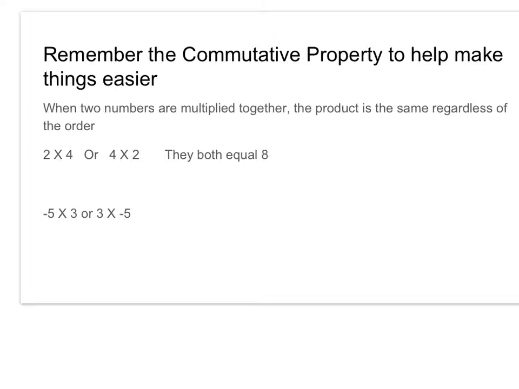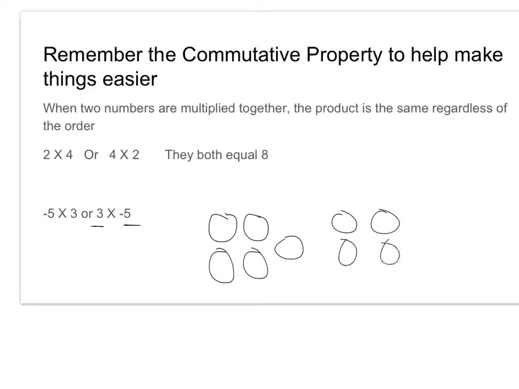We have negative 5 times 3. I want you to use the commutative property to change it to 3 times a negative 5. This means that we have 3 groups of negative 5. So here's a negative, and these are all negative.